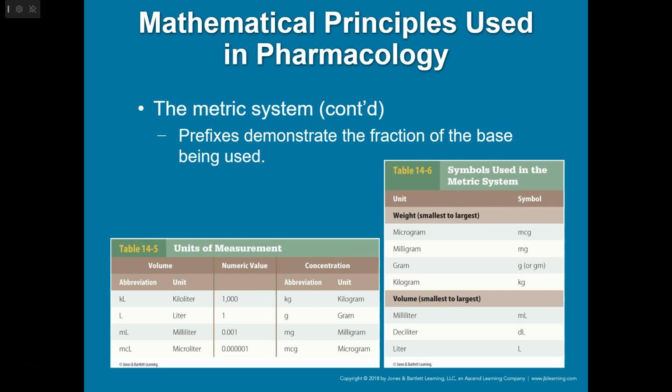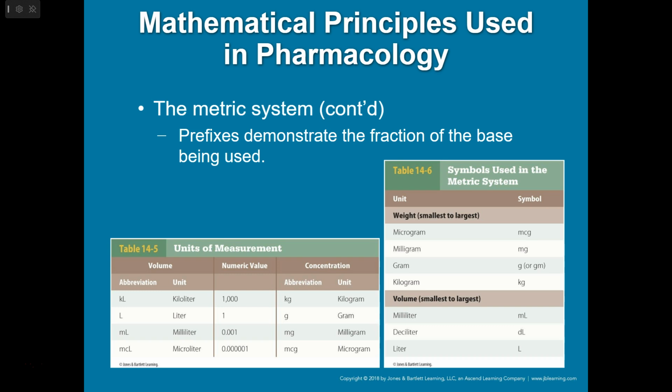Metric system prefixes demonstrate the fraction of the base being used. So the standard unit of measure for volume is the liter, and then that prefix changes things. A kiloliter would be 1,000 liters.